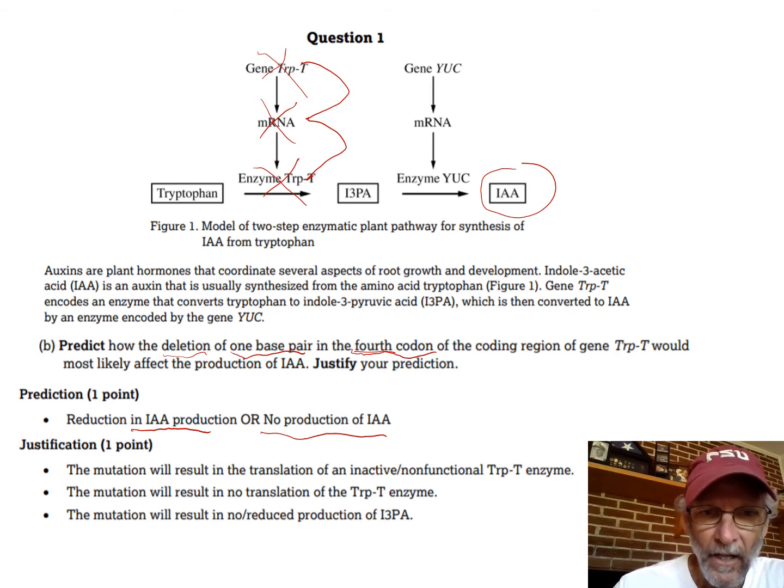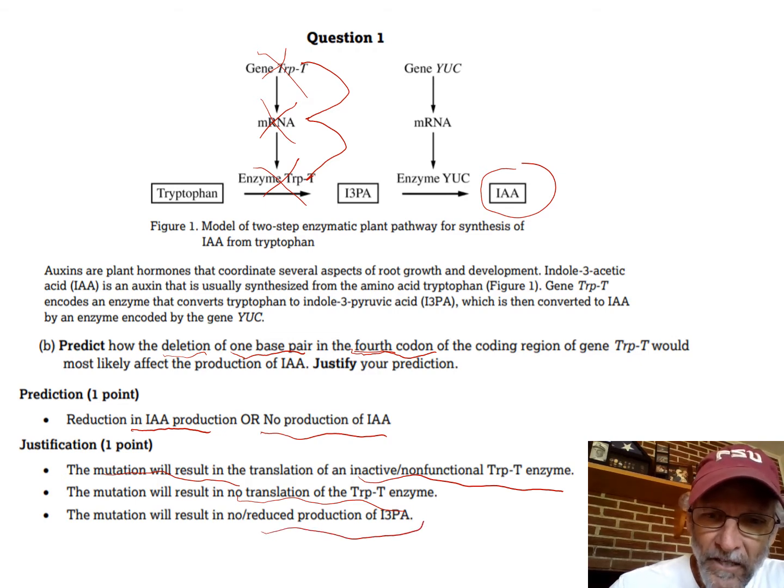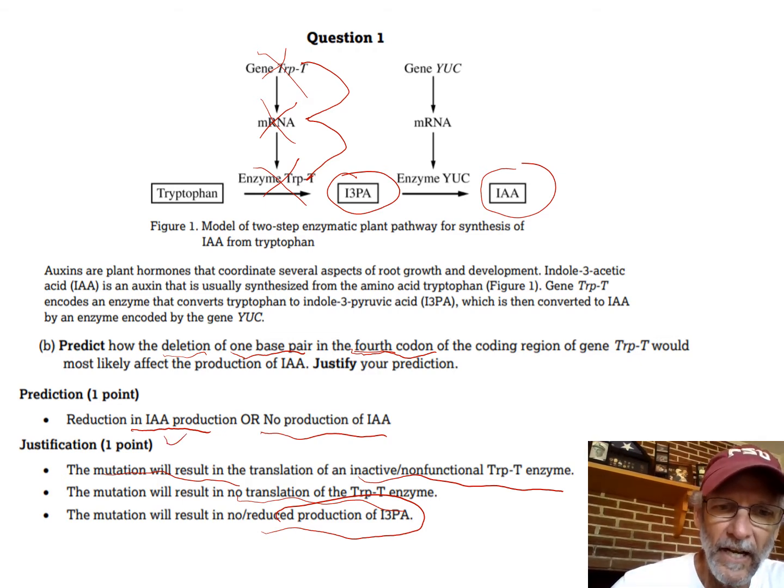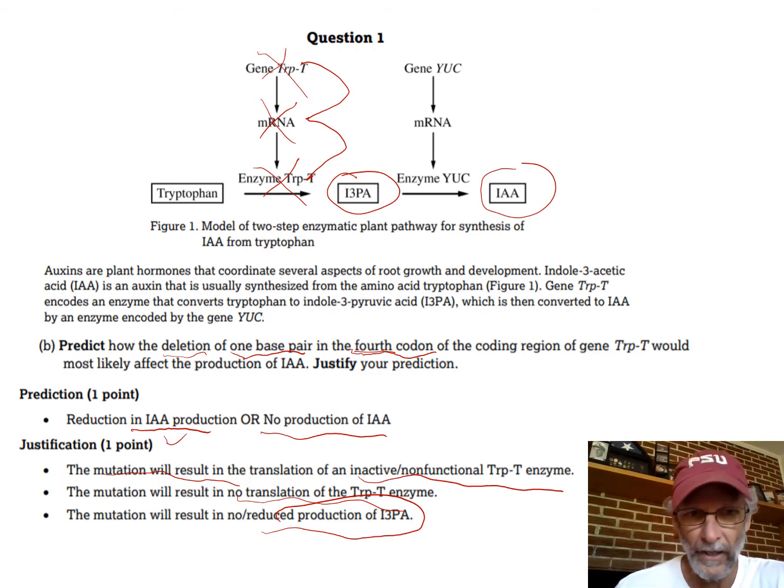Okay, so your justification is that this mutation is going to result in the translation of an enzyme that doesn't work, maybe even no translation. Or you could go straight to the product and say it's not going to make much of that. You could have said either one of those things to get that 1 point. Okay, another one.